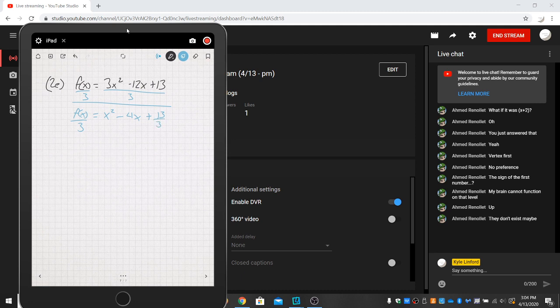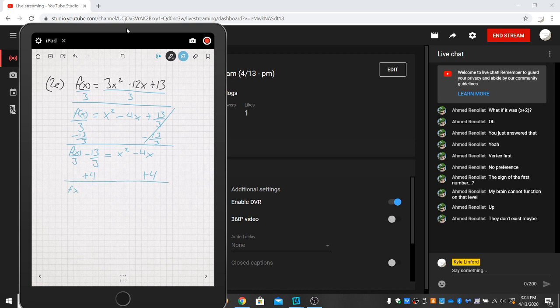All right, well, I'm going to subtract 13 over 3 from both sides. So I have whatever f of x over 3 is minus 13 over 3 equaling x squared minus 4x. Those canceled. And then, well, we've done this before, negative 4 divided by 2 squared. That's just a positive 4. So I'm going to add 4 to both sides.